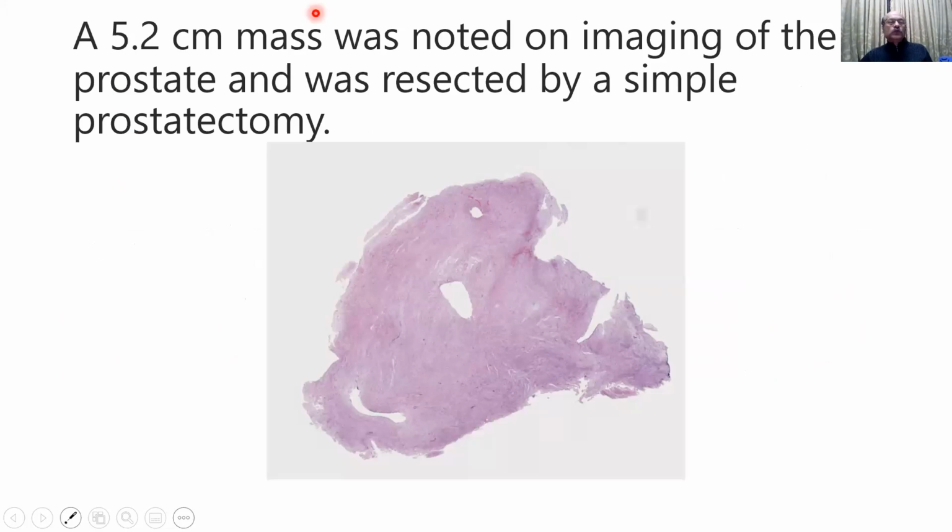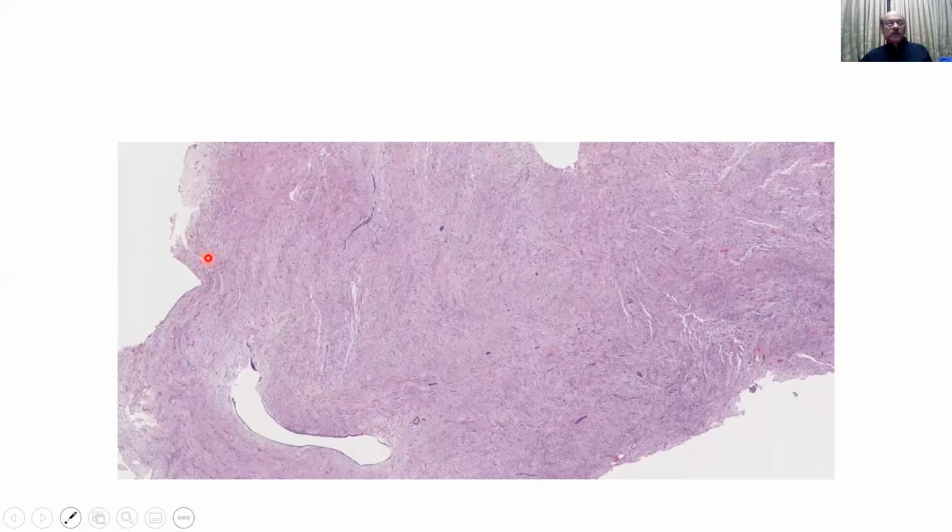This is a 5.2 centimeter mass noted on imaging of the prostate and was resected by a simple prostatectomy. High power view. There is a proliferation of spindle cells, and here and there the glands are compressed. Here is an atrophic gland, here also, here also.